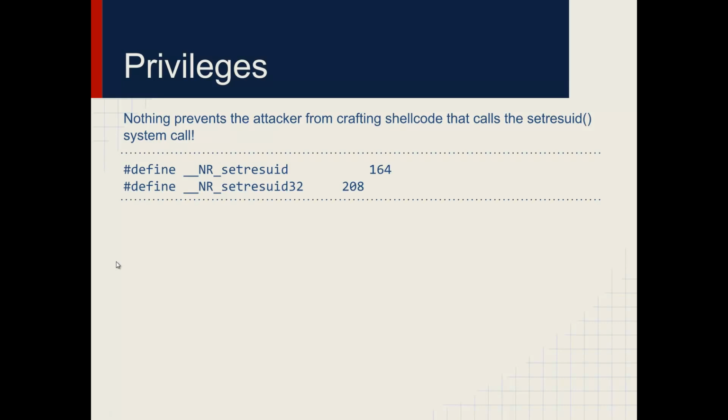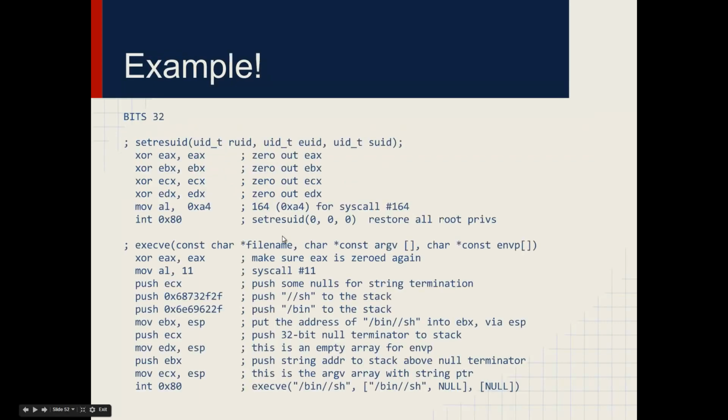However, nothing prevents an attacker from crafting shellcode that makes the same call and tries to restore privileges. The setresuid system calls allow such functionality, and the following shellcode will attempt to restore root privileges.